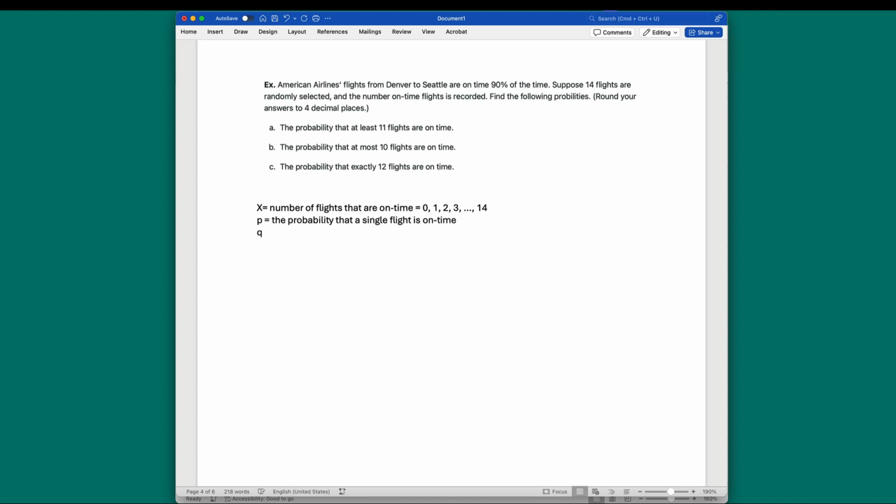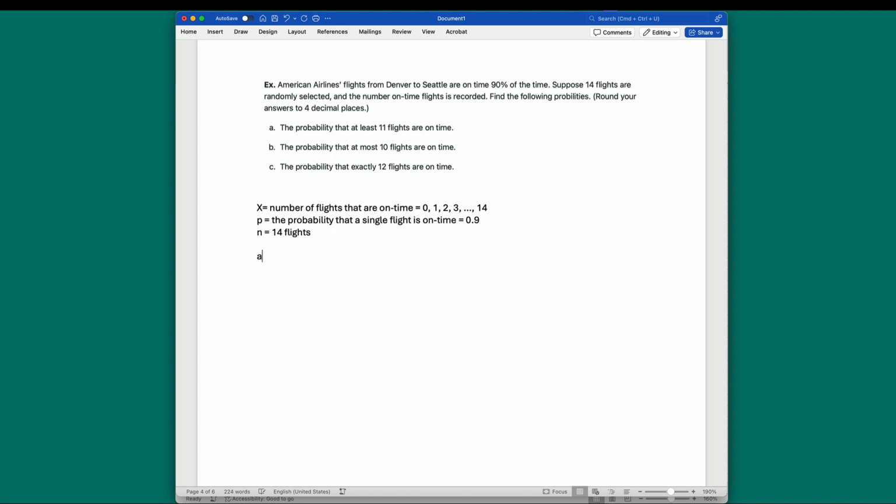Then Q is just the probability that a single flight is not on time. For P, we're told that 90% of these flights are on time, so that's the chance a single flight is on time. So 0.9. And we know N is 14 here, 14 flights.